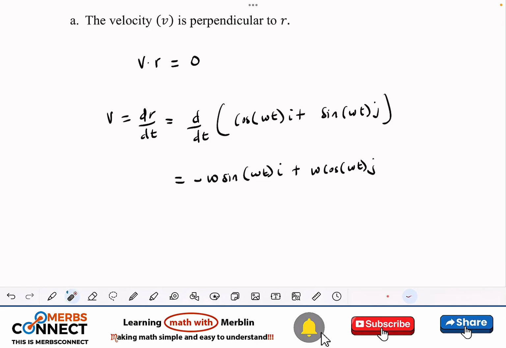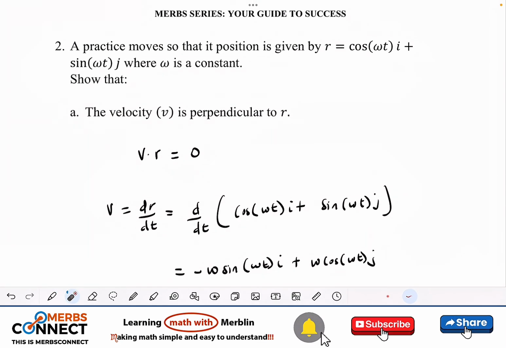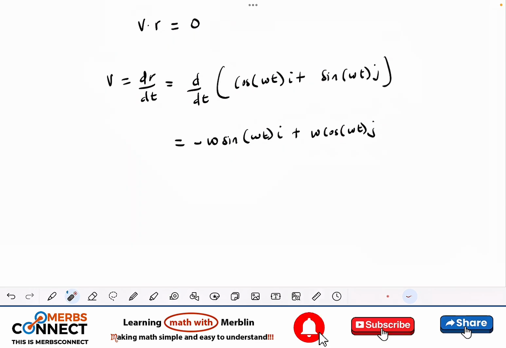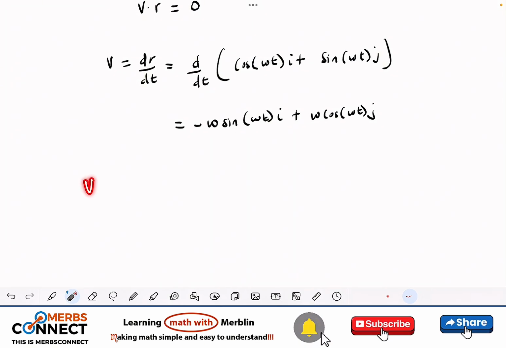Now I have the velocity, I have my r too. So let's do the multiplication and see what we are going to get. So we want to multiply Vn to r.